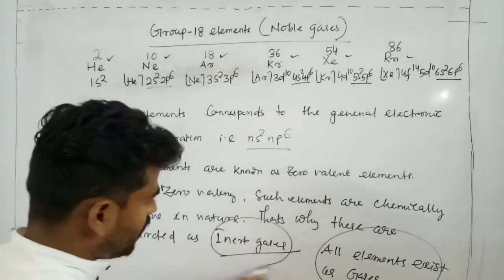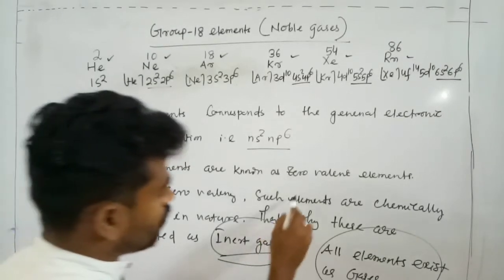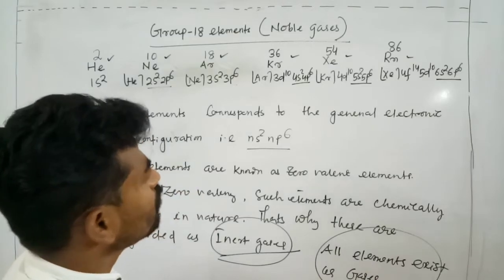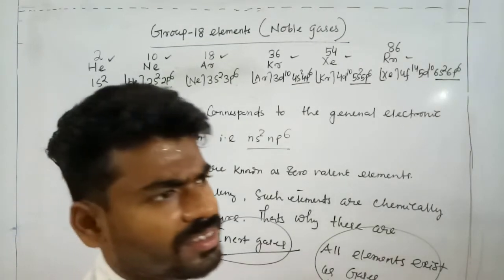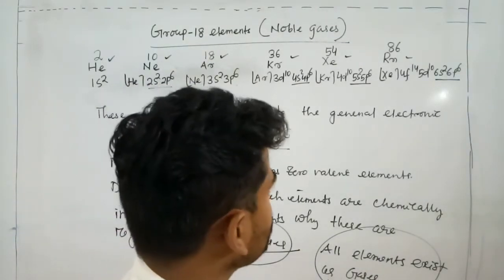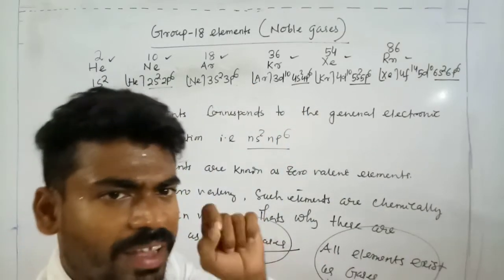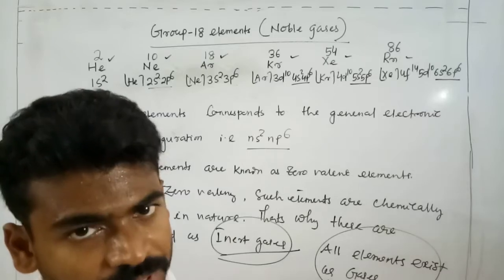So these are called inert gases. These are also called zero valent elements. These are also called rare gases. Rare gases, why? Because such noble gases are present in very minute amounts in the atmosphere.